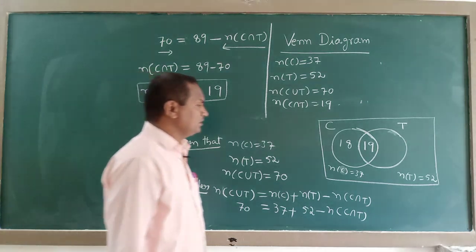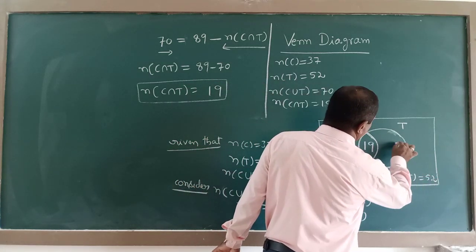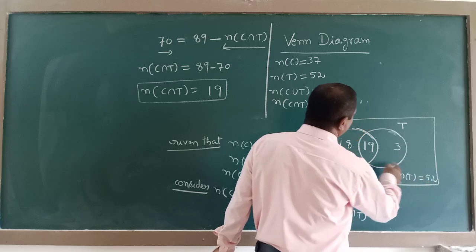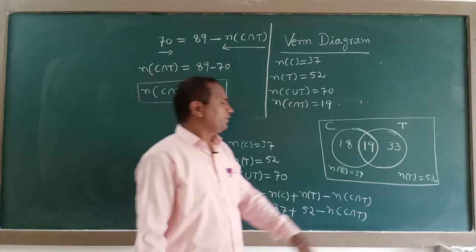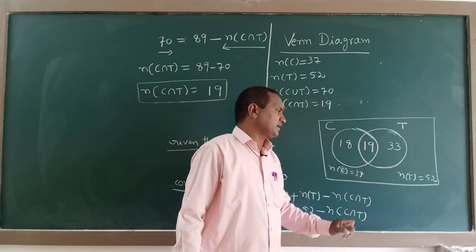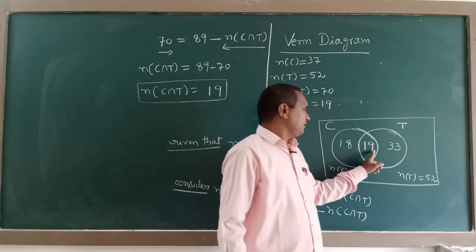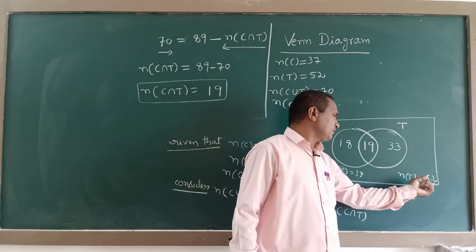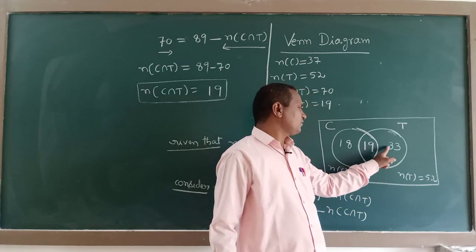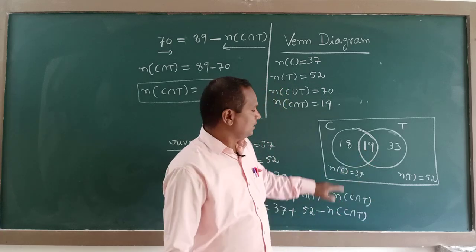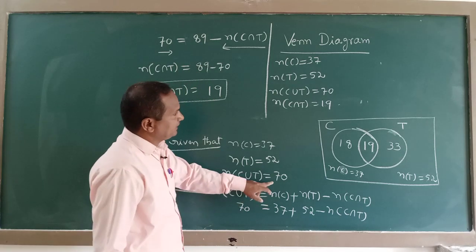Next one is very simple. 52 minus 19 is 33, so 33 members are there. Next, if you add these two also, you should get 52. See here, 19 plus 33 is 52. If you sum all these, finally you should get 70 only. 70 you should get here.